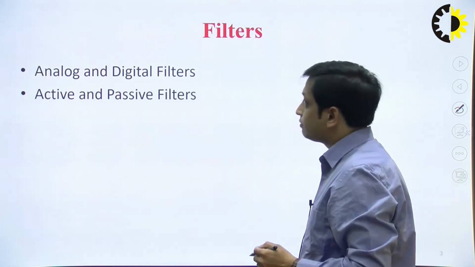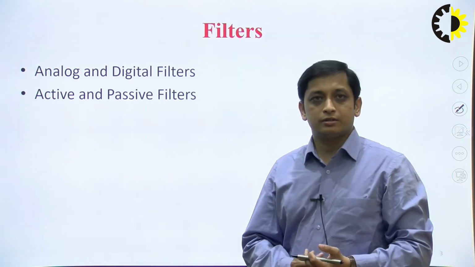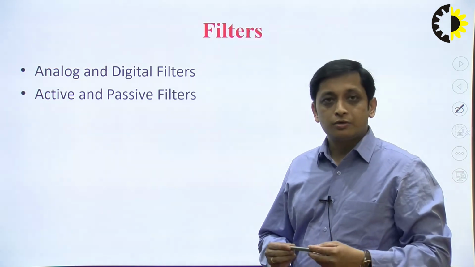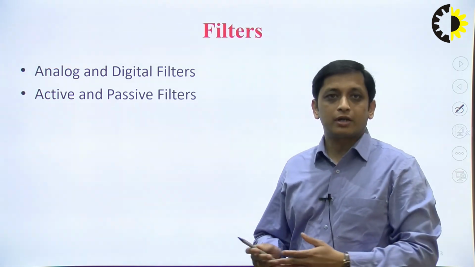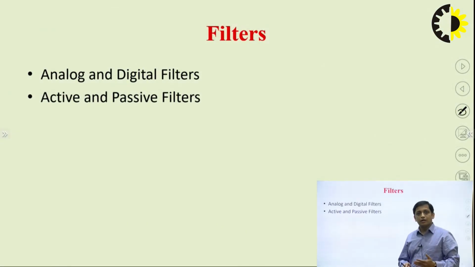So, starting with the filters. Filters are the circuits which are used to pass a particular range of frequency that is desirable, and they attenuate, or block, the other frequencies. That is, a filter separates the desired and undesired frequencies, right? Filters can be classified into various parts.